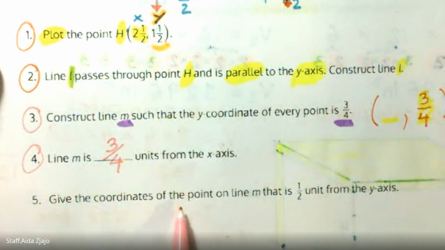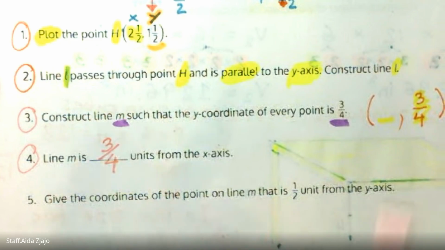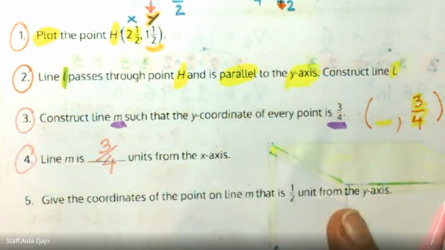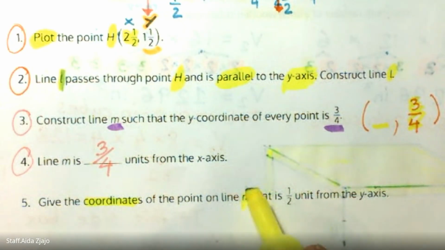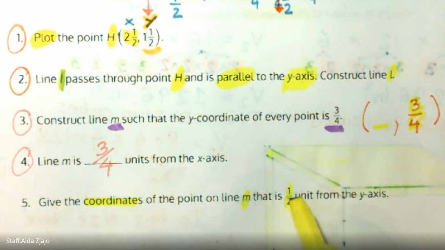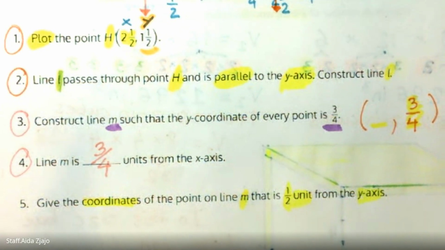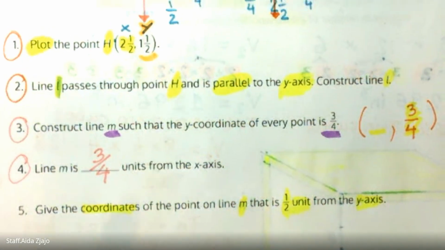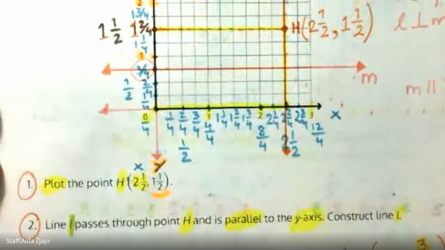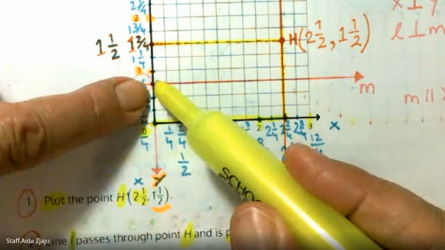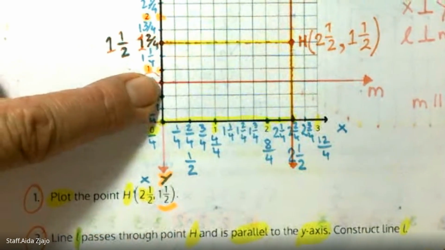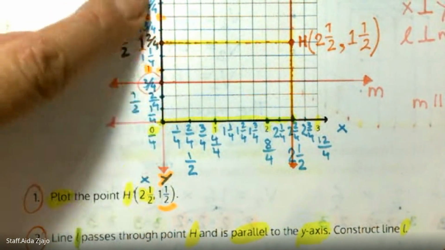Give the coordinates of the point on line M that is half unit from the y-axis. So the point has to be on M, but it also has to be half unit away from the y-axis.